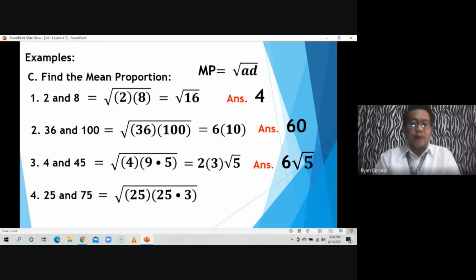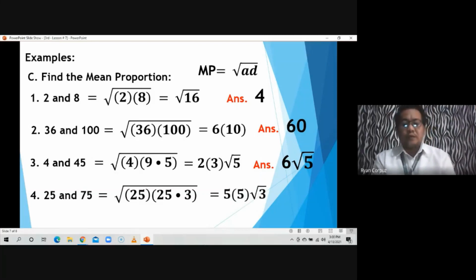Then, find the root of those perfect squares. Parehas perfect square yung 25, di ba? So, square root of 25 ay 5. Another 25, square root of it is also 5. Then, 3 will be left inside the square root sign. So, simplify. Meron tayong 5 times 5, which is equal to 25. Then, 3 will be attached to that 25.